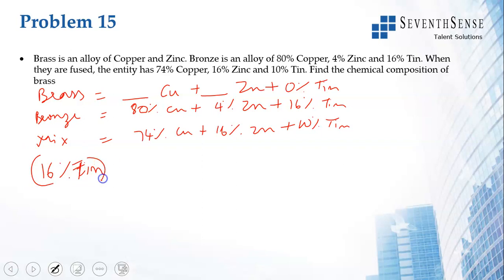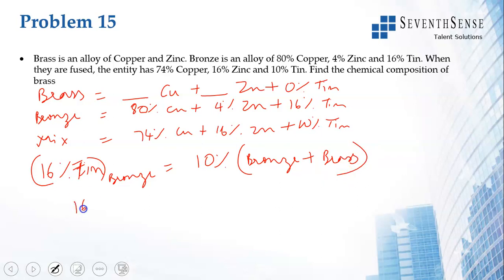So the tin that is coming in is 16% from bronze, which is equal to 10% in this bronze and brass fusion.